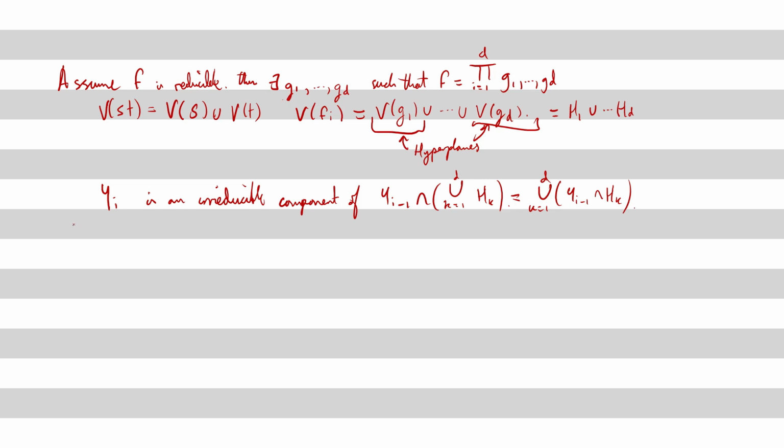So Yi is fully a subset of Y(i-1) intersect Hm for some m equals 1 through to d.